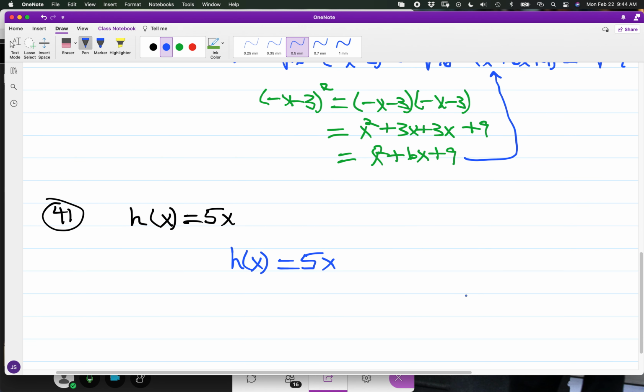And for h of negative x, we have 5 times negative x, and that is equal to negative 5x.